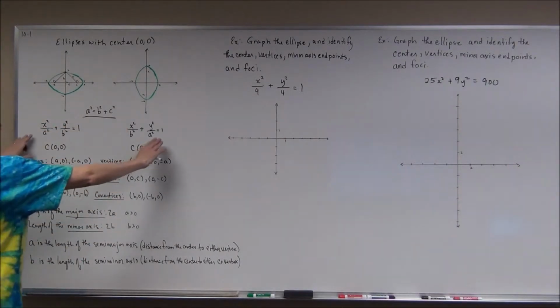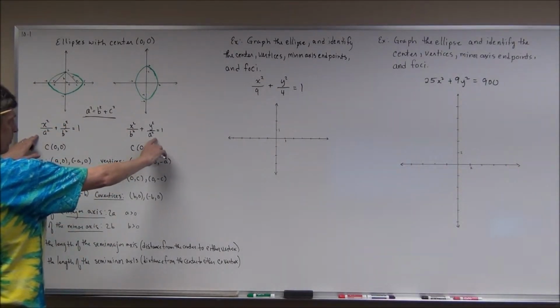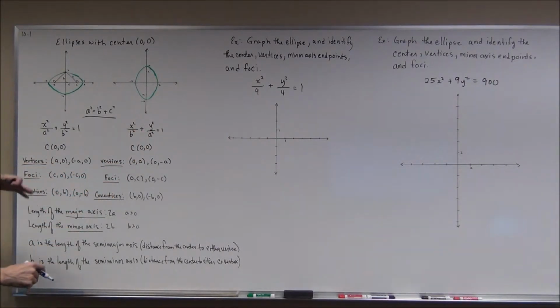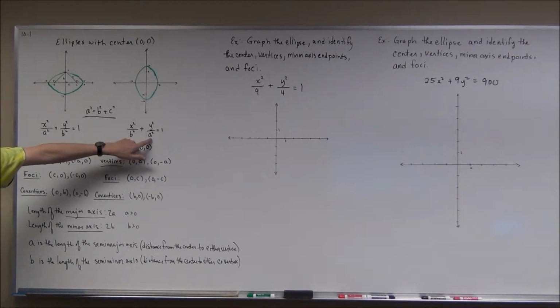So when it's written in this form, the bigger number underneath the variable tells you, just by looking at it, whether it is elongated horizontally or vertically. If the bigger number is under the x squared, or any expression in x, it's elongated horizontally, whereas if the bigger number is under the y squared, it's elongated vertically.